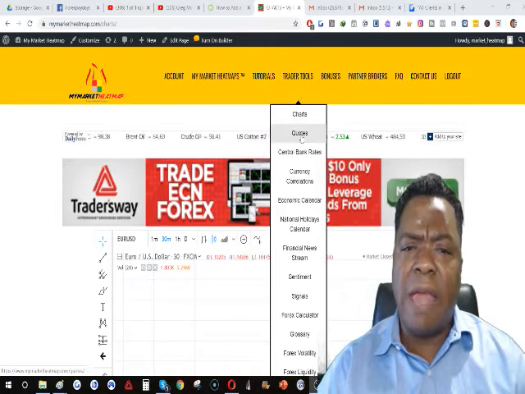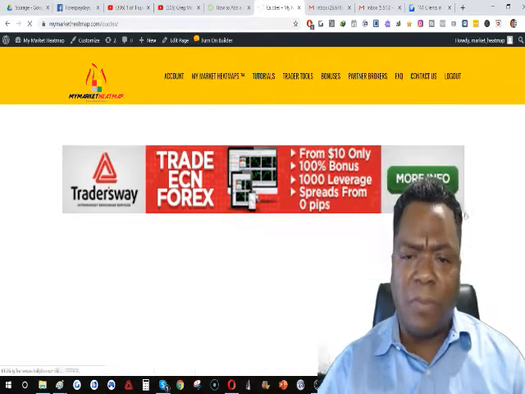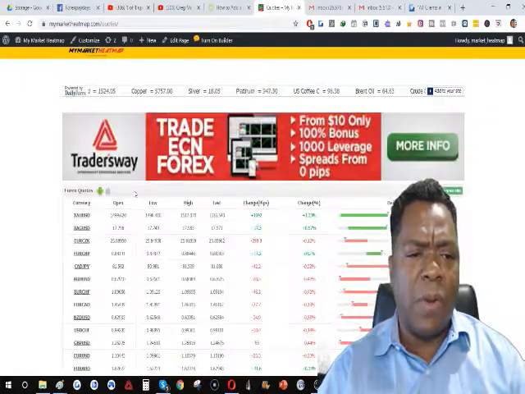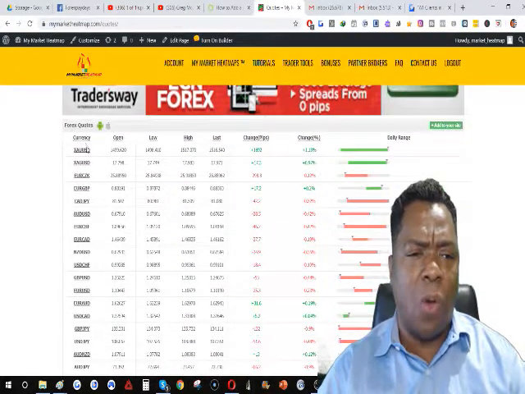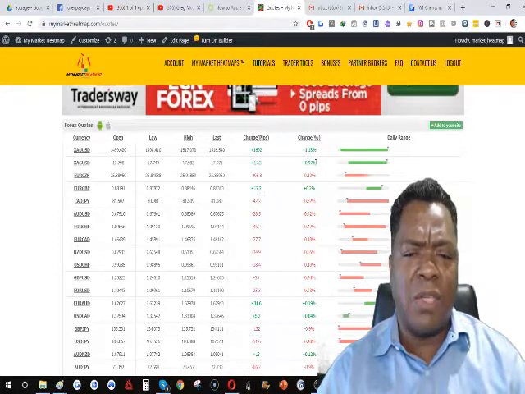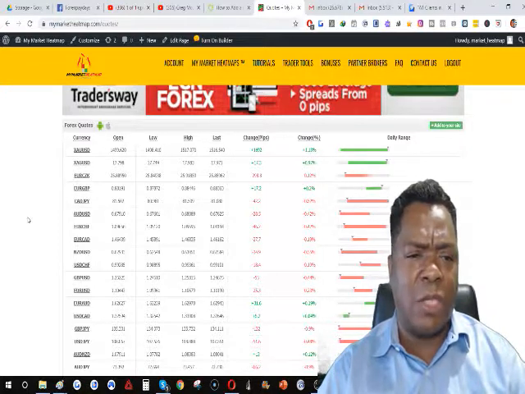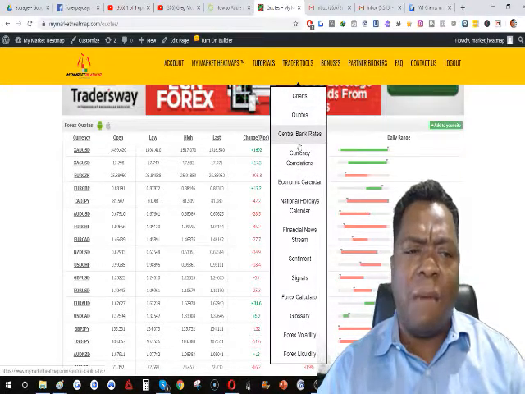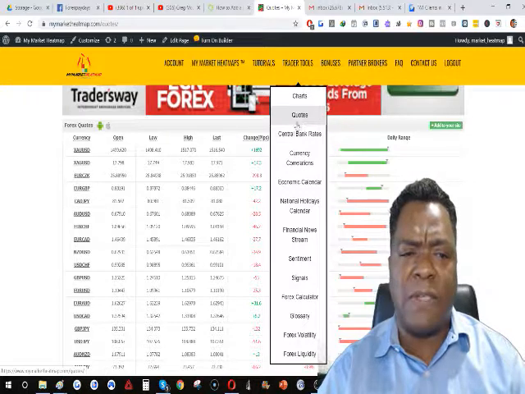Then we also have quotes, so you can quickly find what the quote is for a currency pair or instrument, gold or silver, and you can see the open, high, low, and closing price, also the percentage change and the range that it's moved. So you've got that built in as well. That's very helpful when you need a quick look at the prices.